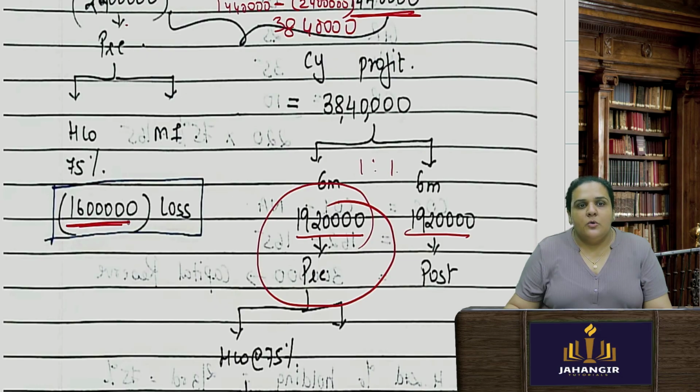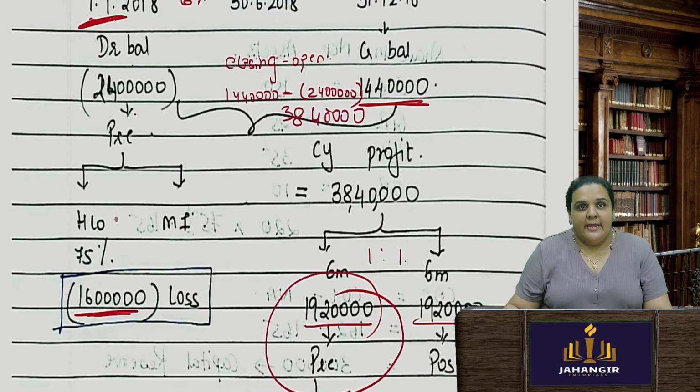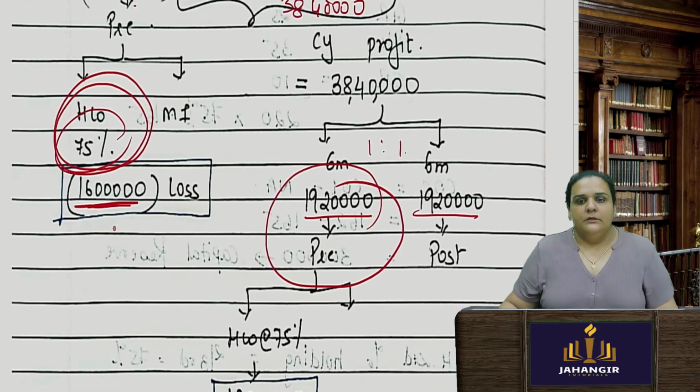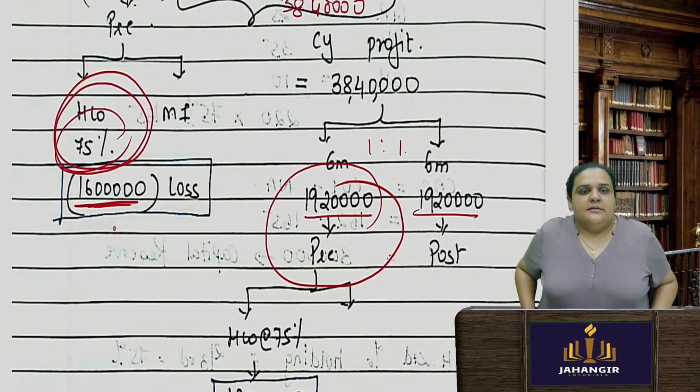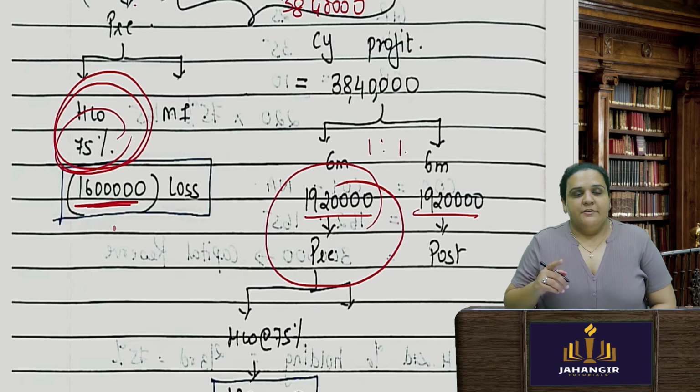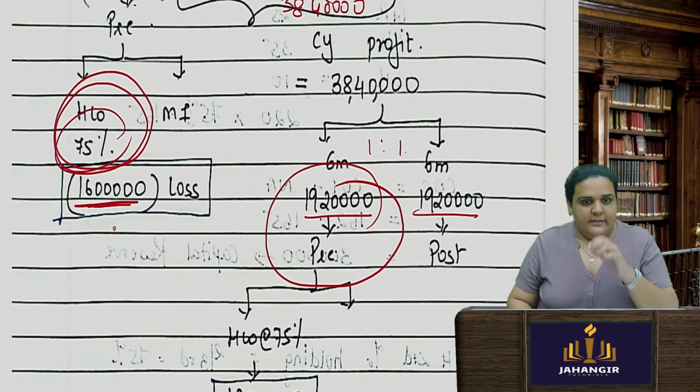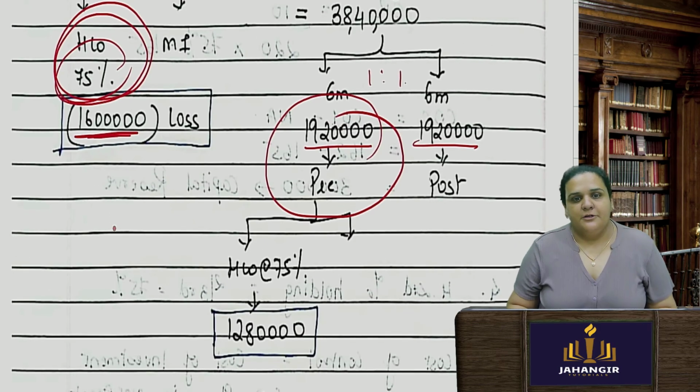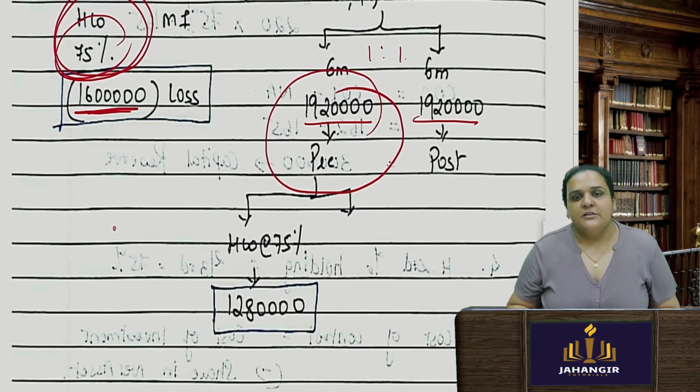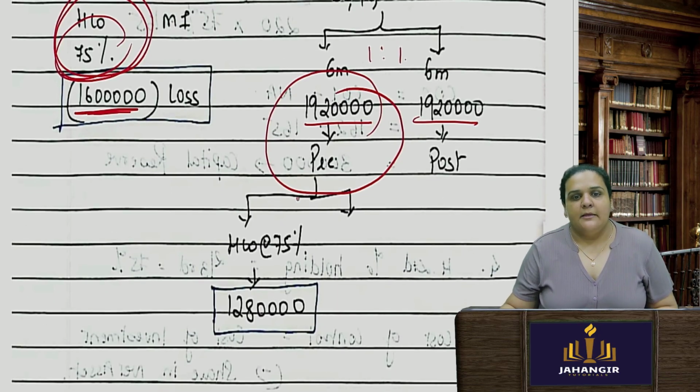This 24 lakhs is also a loss, pre. It is a loss, right? So the holding company's share total is a loss of 16 lakhs at 75%. That also we will take for cost of control, and this is a profit. So 75% of pre, we will take it as 12,80,000.